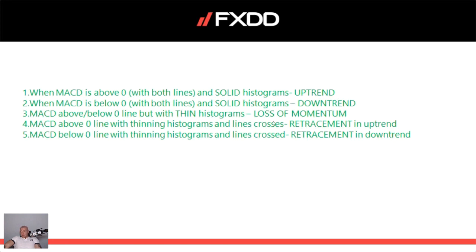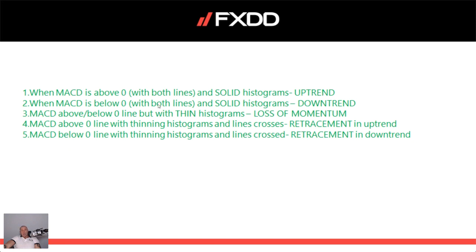Now, I will also show you this on a live chart if it's not clear. When MACD is above the zero line, with both lines above the zero line, we use double line MACD. So MACD with two lines. I'm not using the standard MT4 indicator, only MACD with two lines. When MACD is above the zero line with both lines and solid histograms, we have an uptrend.